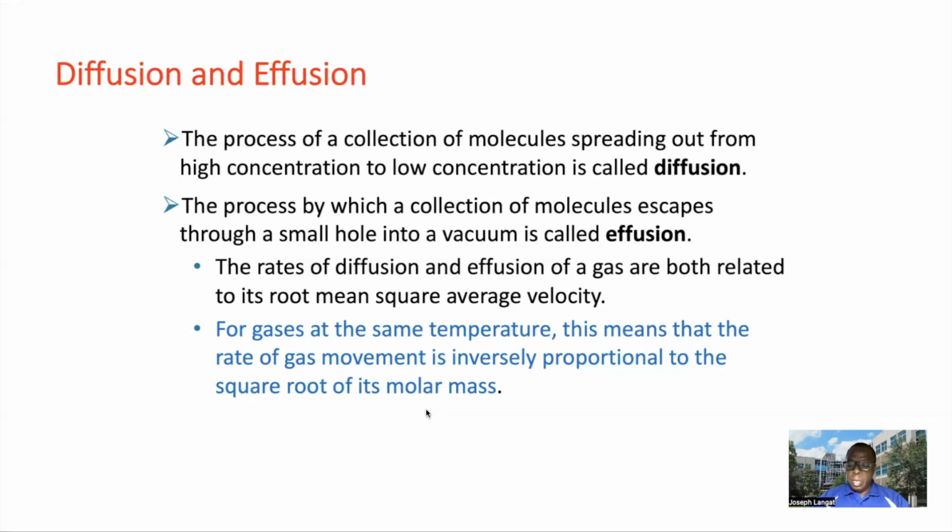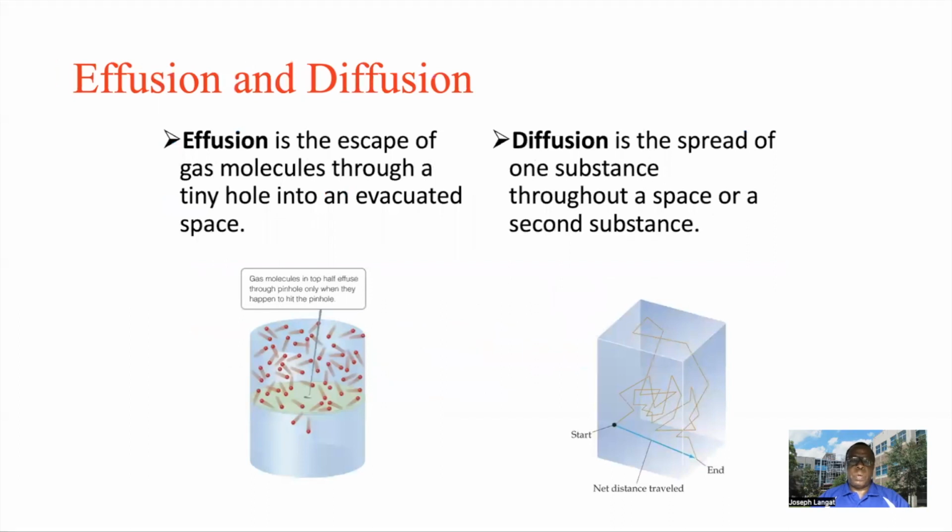We call this Graham's law of effusion. Before we look at that, this is a parallel between effusion, which is the escape of gas molecules through a tiny hole, you see, this gas is effusing through a small hole into a vacuum, whereas in diffusion, it's just movement of gas from high concentration to low concentration.